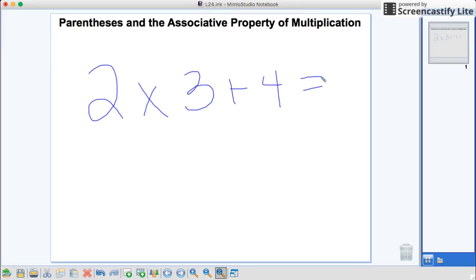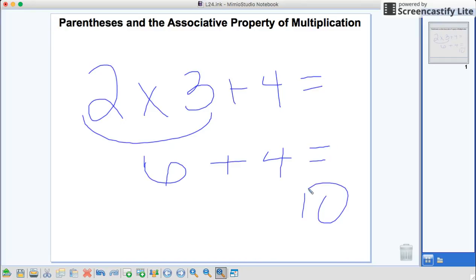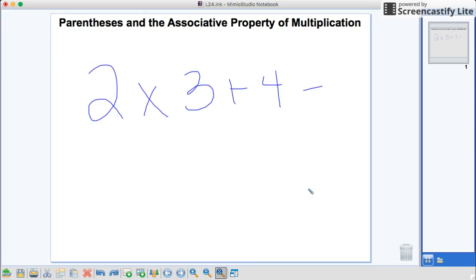Well, when we have our problem written like this, we have to do the multiplication first. So we would do 2 times 3 and get 6 and add 4 to that to get 10. Well, what if we didn't want that?